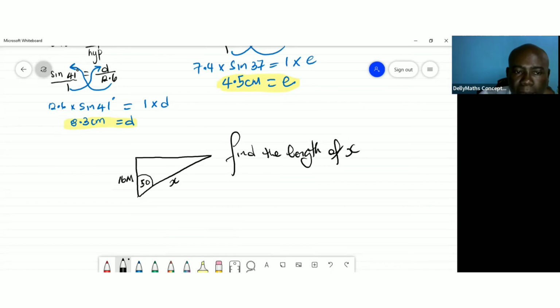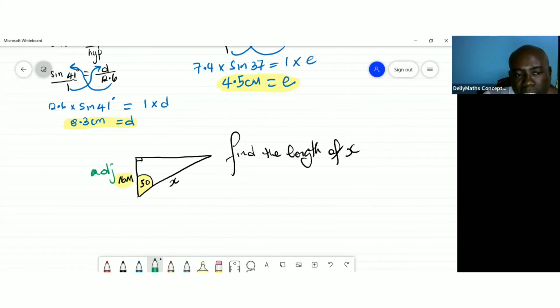One of the things that we have to do as we go about this is make sure that in our calculations, we know what we have before we start. So firstly, this is the angle here at 50. And then we definitely realize that we have the side next door, and next door we refer to as adjacent.